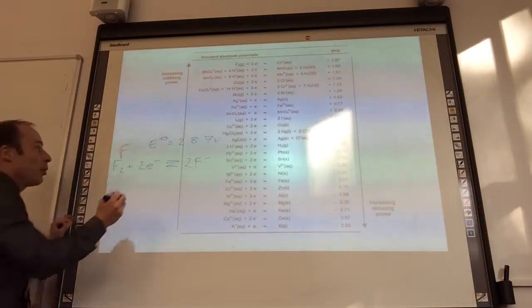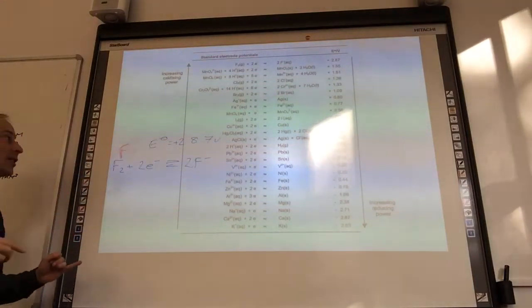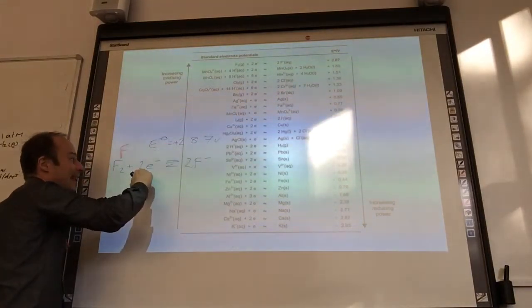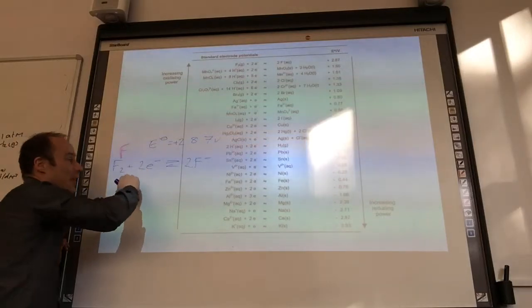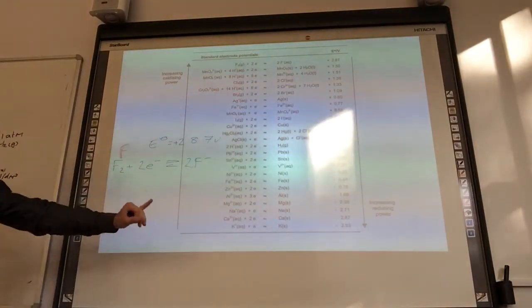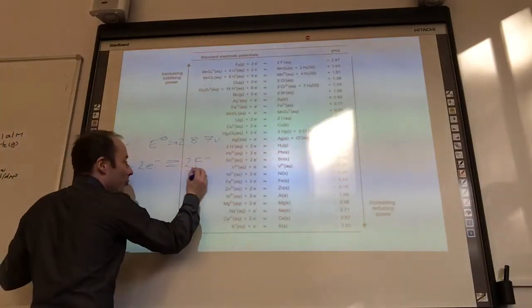What is that telling you? It's positive. So, which side is it going to be? Remember, this sign tells you how many electrons you've got on the electrode. So if it's positive, is the equilibrium to the left or to the right? It's positive. It's going to be to the right.